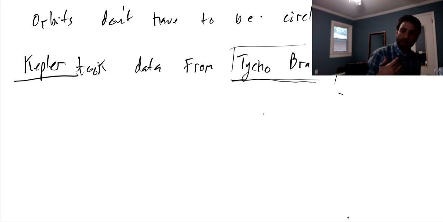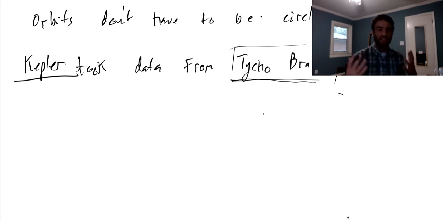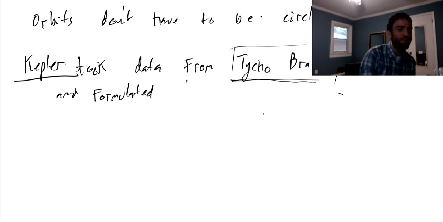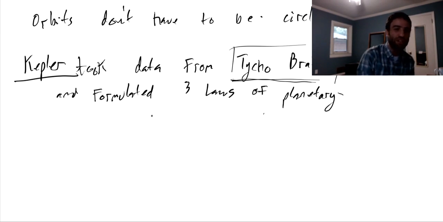And Kepler looked at all of that data and formulated three laws of planetary motion that described accurately all of the data that this other astronomer had been compiling over years and years. So let's learn what these three laws are.